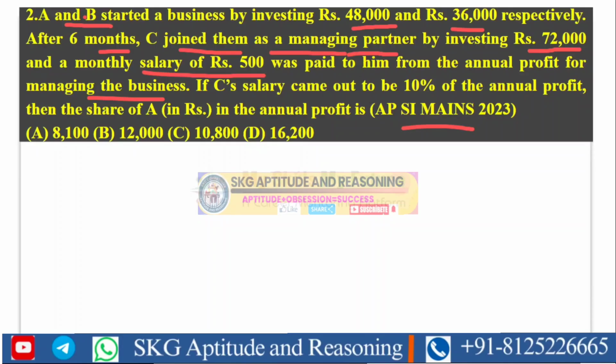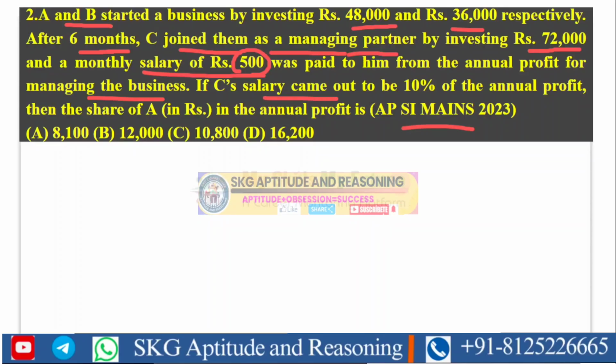Why? Because C joined the business 6 months later, as A and B were managing the business in the initial 6 months itself. So C receives only 500 per month for 6 months only. That means he received rupees 3,000 as salary for the 6 months.